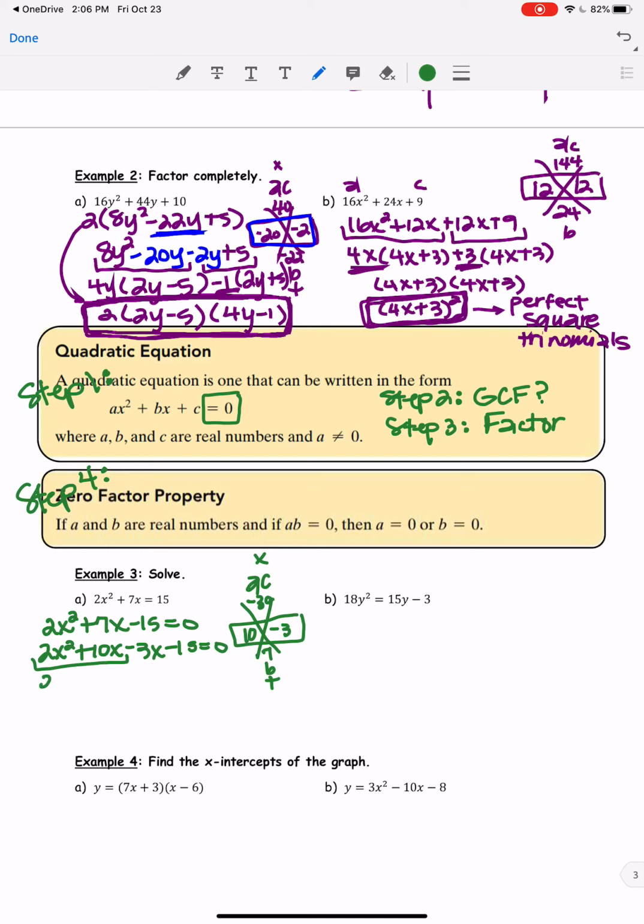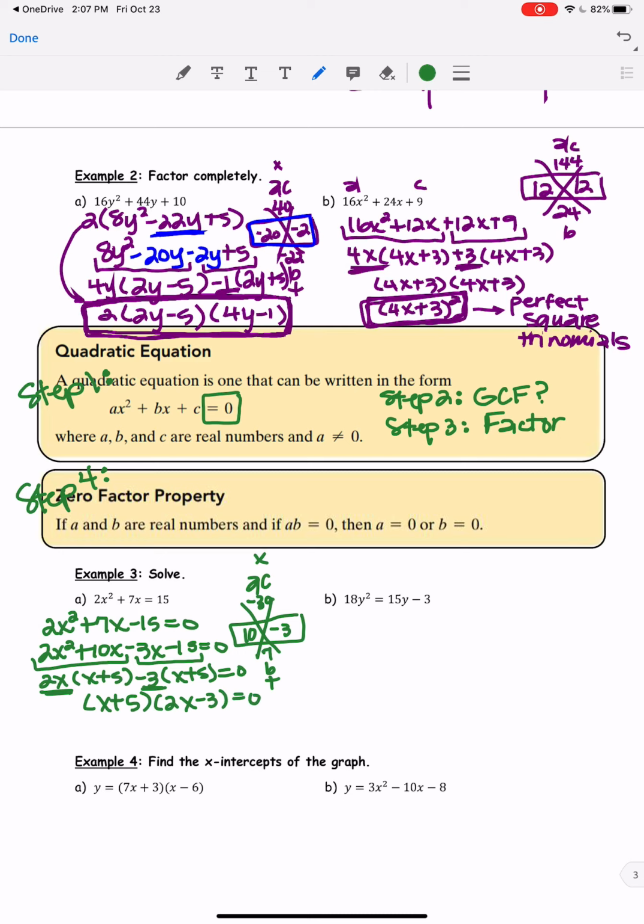I can take out a 2x, and that leaves me with x plus 5. Here, I can take out a 3, but remember we always want this first term positive, so because it's a negative 3x, we're going to take out a negative 3, which leaves me with an x plus 5. So your binomial that you have the same comes down, x plus 5, and then I'm left with a 2x minus 3.